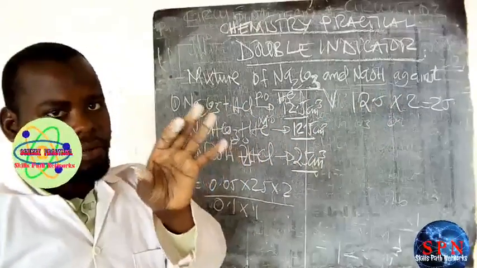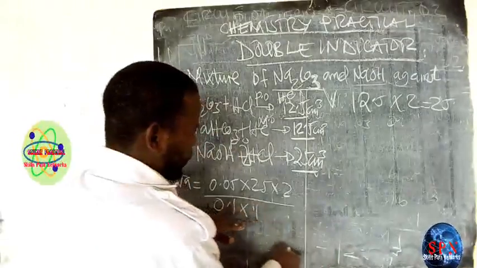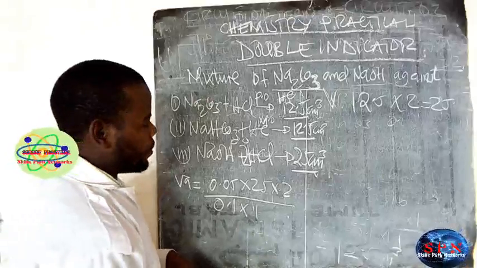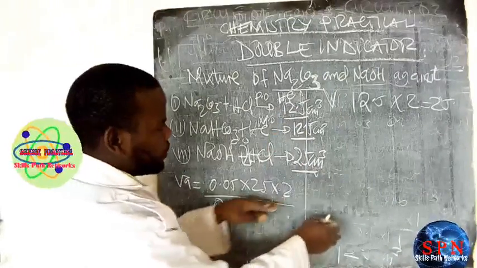The volume of acid to neutralize sodium hydroxide: we take the total volume for POP, used from here up to here.